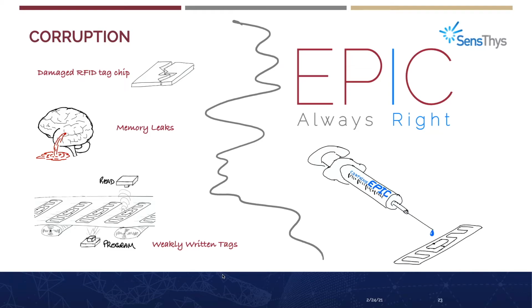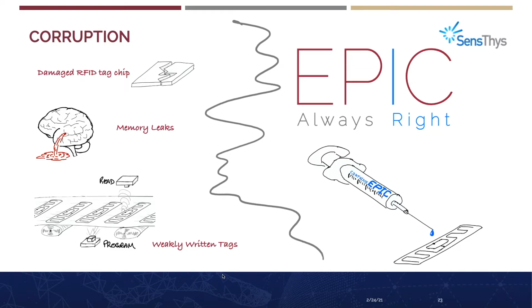Memory leaks manifest in a similar way, because each of these memory cells, these EEPROM cells inside the semiconductor components, is very simple. You can picture them like a big bucket of water with a little hole in the bottom. Over time, the water you put in that bucket just leaks out, and that's just semiconductors. Hopefully that hole is small enough that it holds enough charge that when you read that memory cell, there's still enough water in there to read it as a 1, and it's not empty and interpreted as a 0.